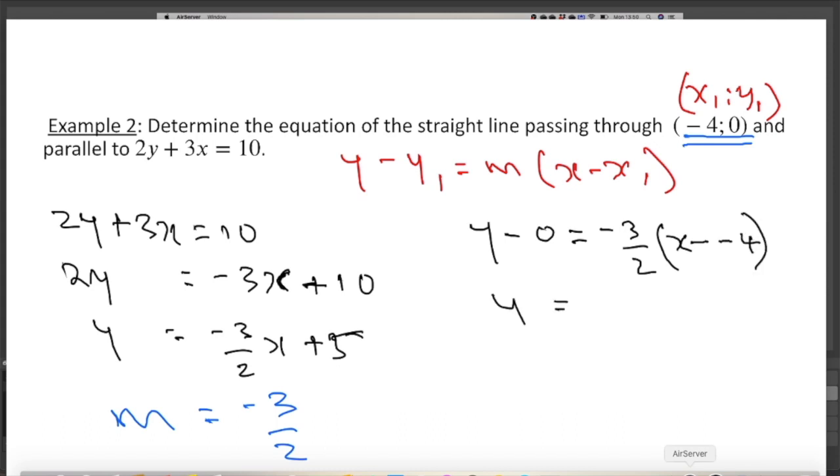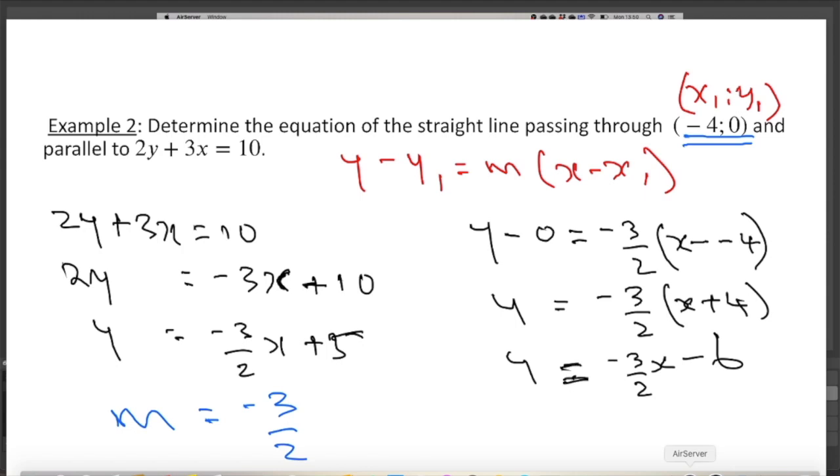The left-hand side is y. The right-hand side is minus 3 over 2 into x plus 4. You can remove the brackets and you'll get y equals minus 3 over 2 x minus 6. All right, so that's your answer there. You can simplify that further, like multiply everything by 2 if you don't like the fractions. But otherwise, that is your answer there.